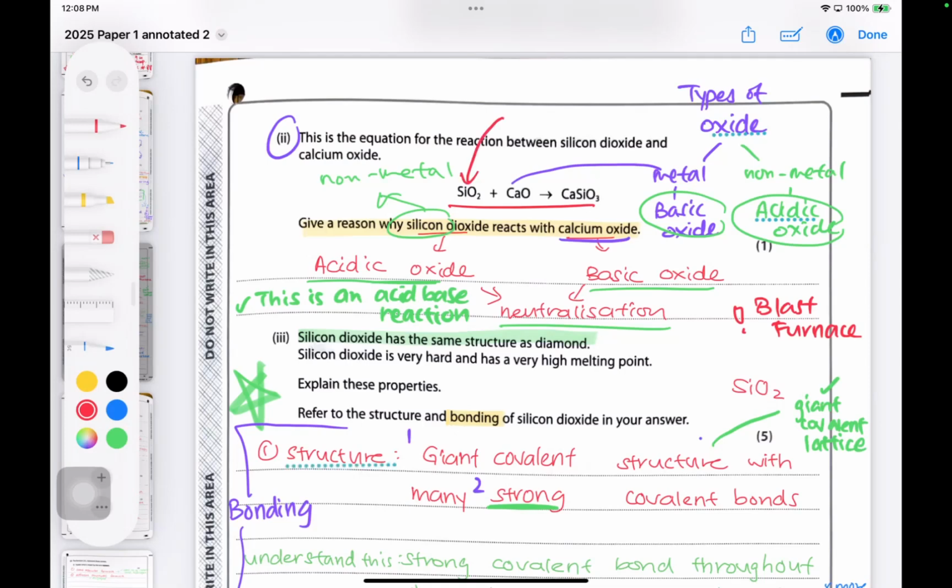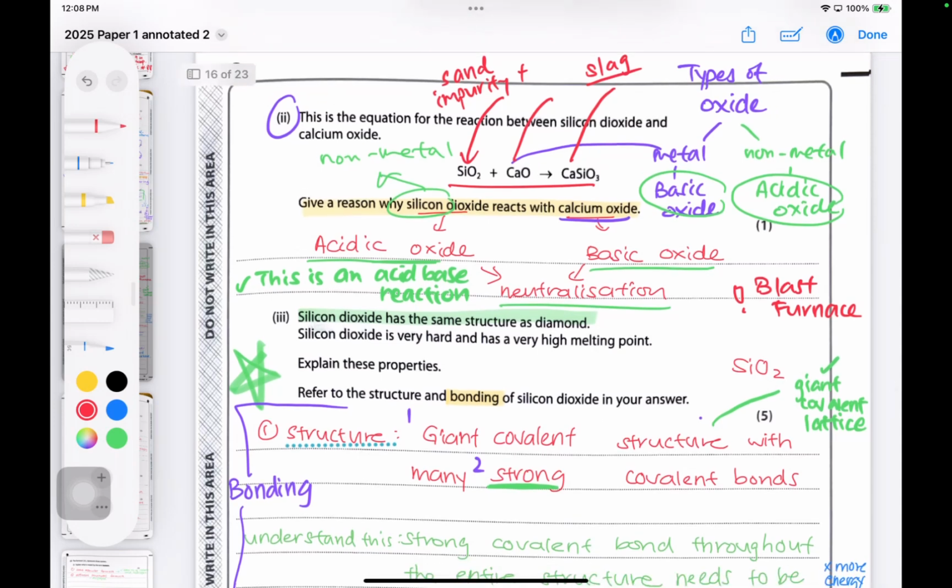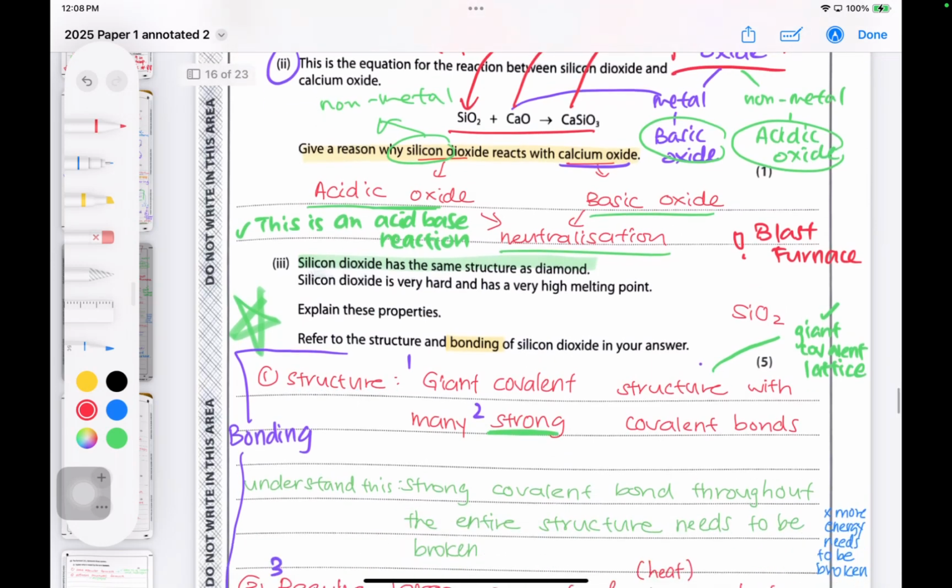The silicon dioxide is the impurity that comes in as sand, and we use calcium oxide, which is basic in nature, to react with it. What we get here, a conventional name for it, is slag. That's the outcome, and this is the fifth and final equation of a blast furnace. So it's very interesting. They are using things that have been removed from the syllabus, but it can still test you based on the property and concept that you still need to know based on the syllabus.